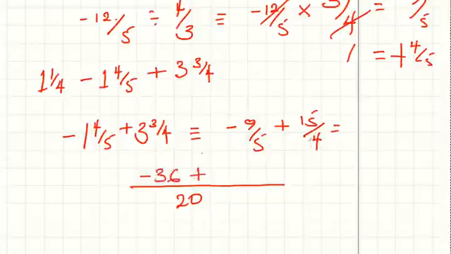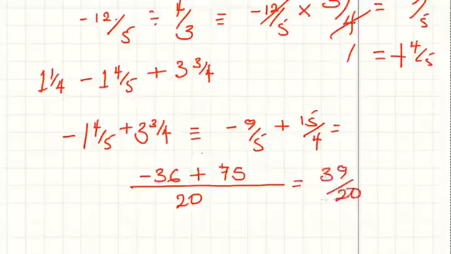5 times 15 will give us 75. If we add the two, negative 36 plus 75, we'll have 39 over 20.